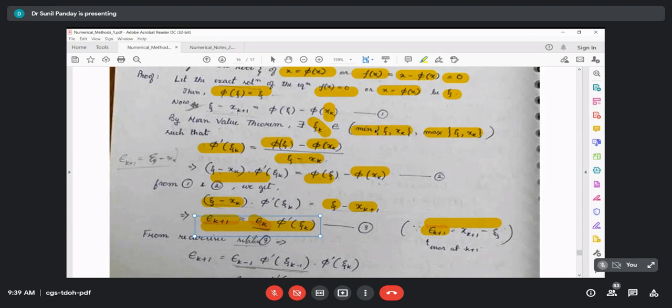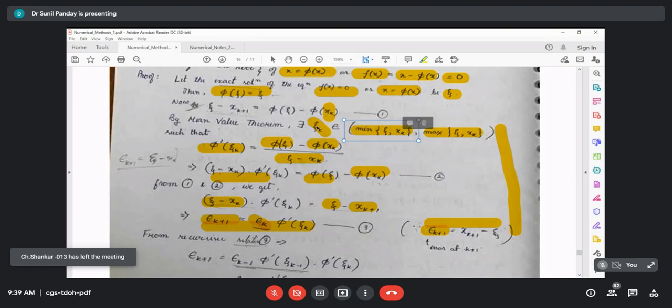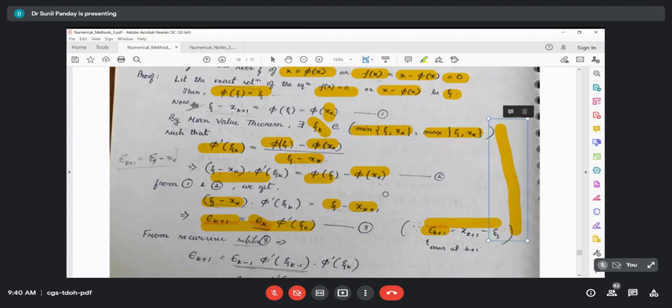Then a similar theorem can be applied, because x_{k-1} is again an approximate root to xi, and phi is also satisfying all the conditions of the Lagrange mean value theorem. So if I replace x_k by x_{k-1}, I will get another point xi_{k-1} by applying the same procedure.